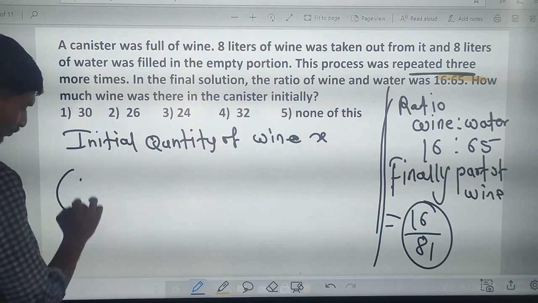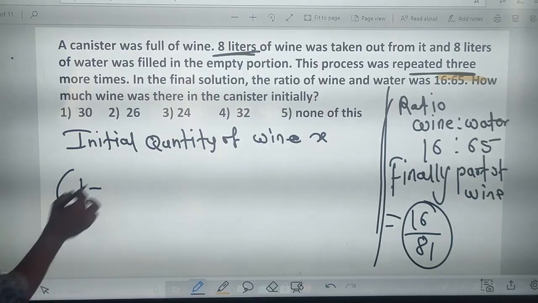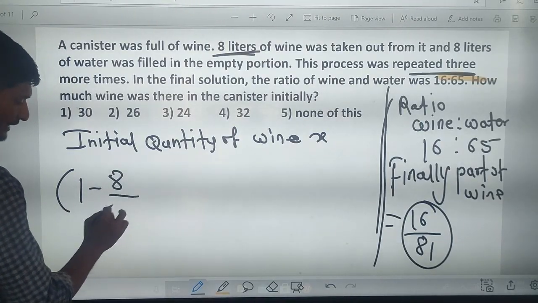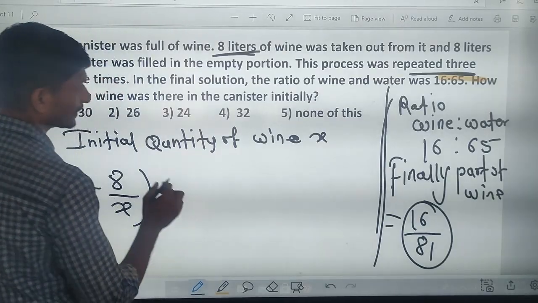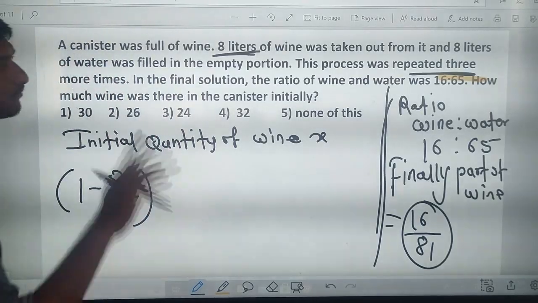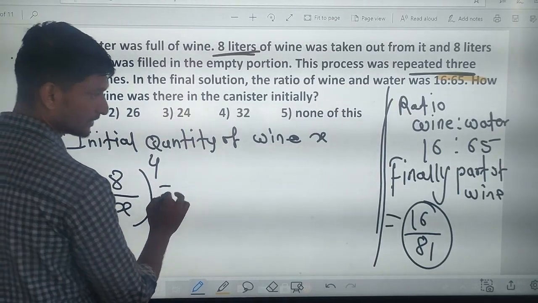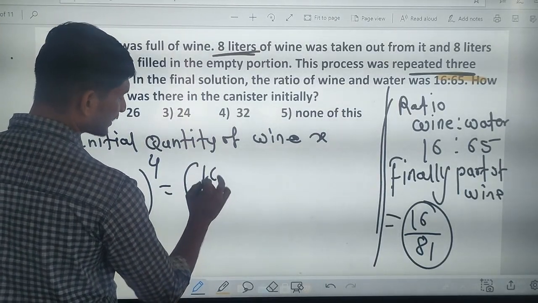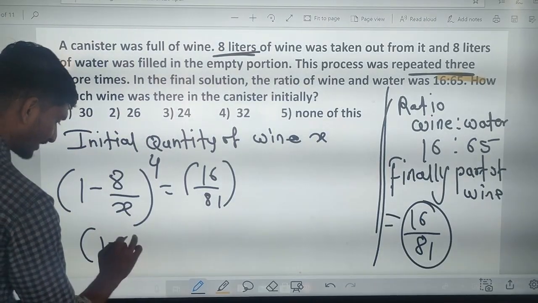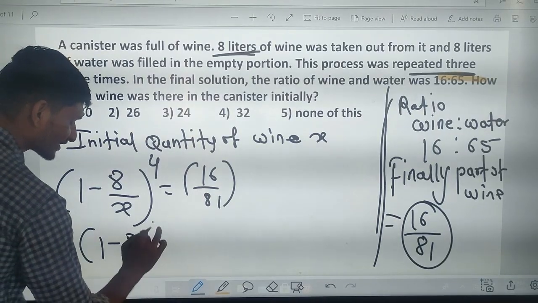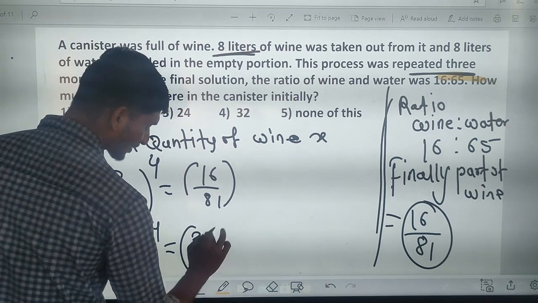Now we will write 1 minus, we drew 8 liters of wine, divided by x, the total initial quantity of wine. This process is done 4 times, first time and repeated 3 times, that is 4 times, is equal to 16 divided by 81. Now we write here (1 minus 8 upon x) raised to 4 is equal to (2 by 3) raised to 4.